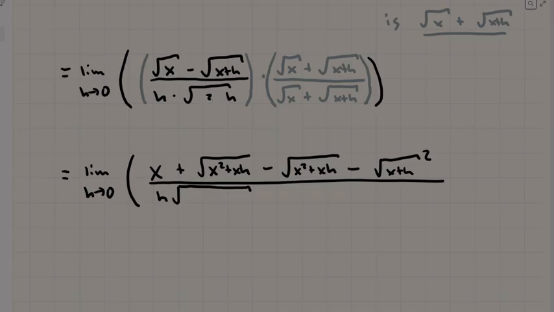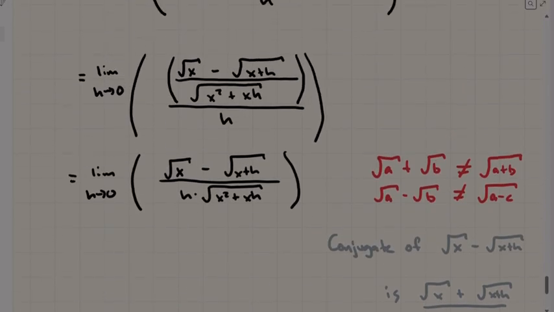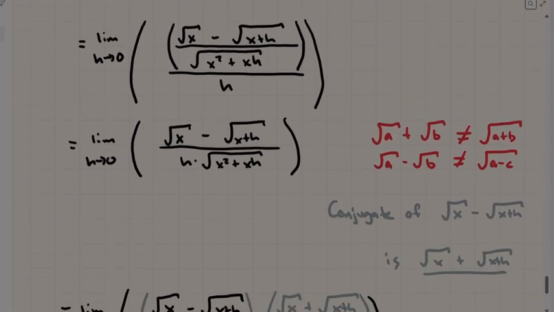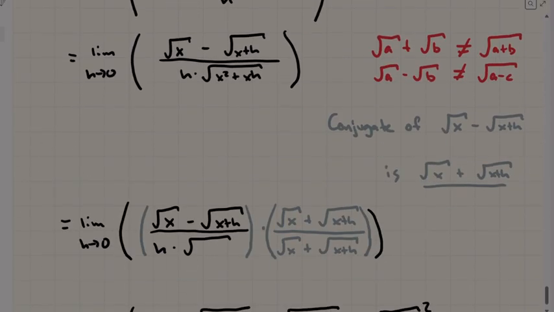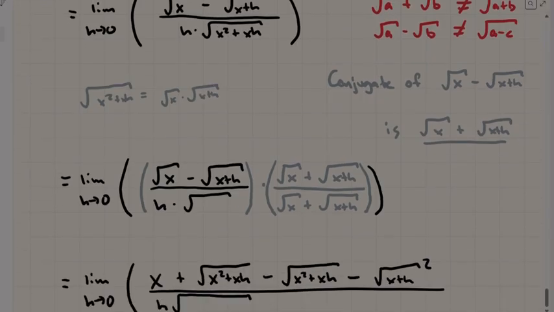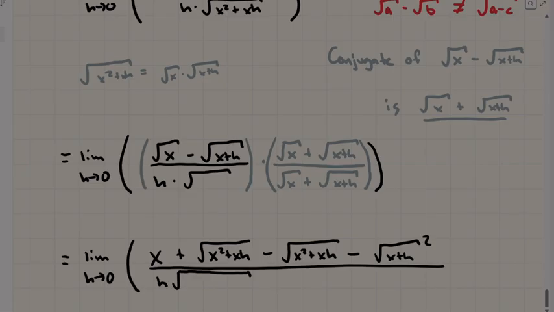Maybe it's better to keep it separate, actually, now that I look at it. So instead of writing x squared plus xh, we're just going to substitute that with what we had before, x times x plus h. And actually, we can even just leave it separate, to be honest. The way that everything is going to cancel out, I think that's going to be the cleanest way to do it.